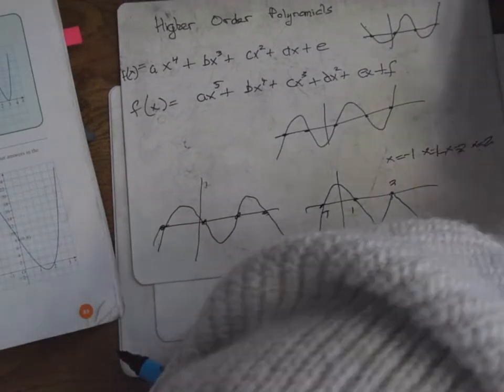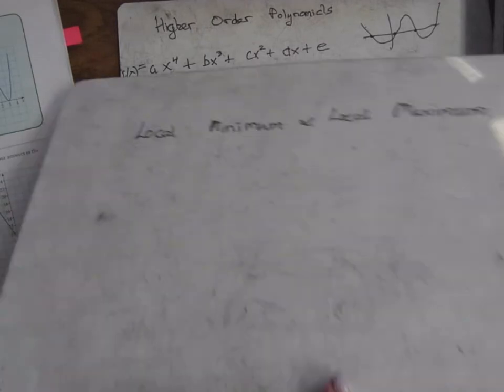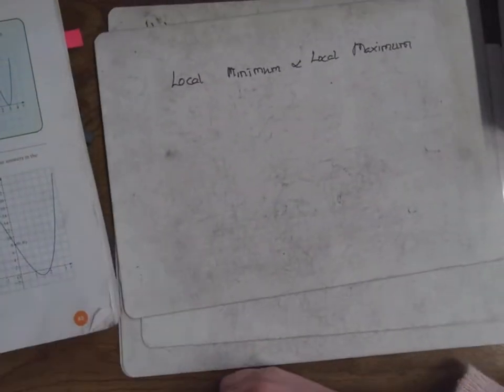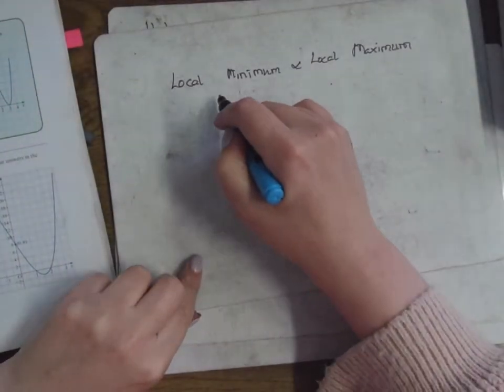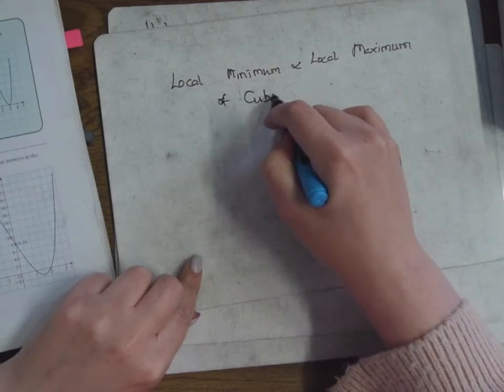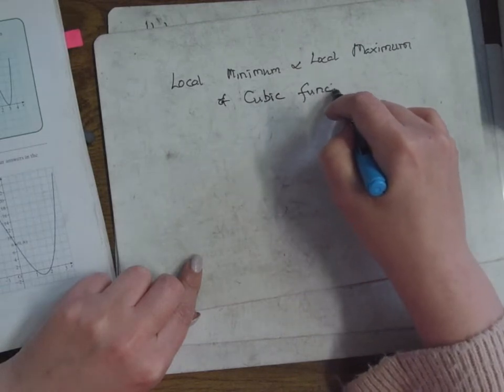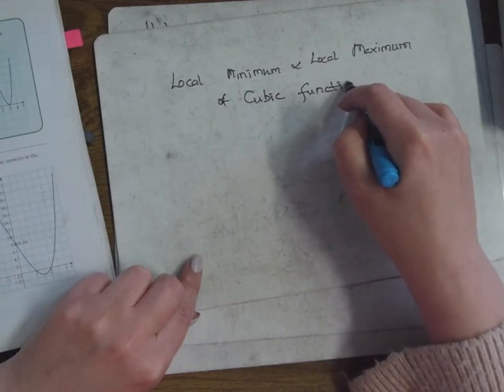The last thing I want to talk about, I should have talked about this when we were doing cubic equations, so I'm going back to cubic functions. Now I'm going to doodle for a minute.